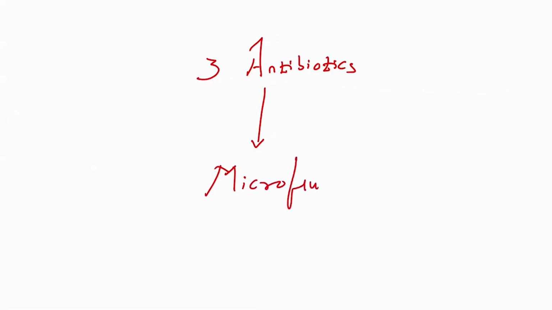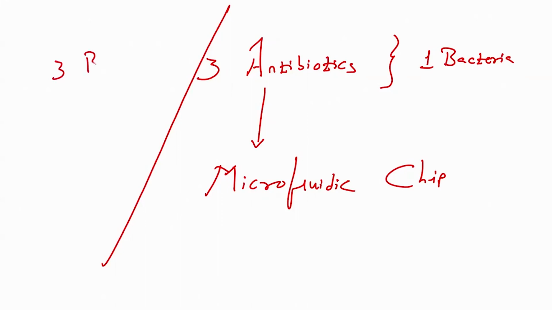For testing 3 different antibiotics at a time, you require a microfluidic chip: 3 antibiotics at the same time for one particular bacteria, or 3 different bacteria you can capture and test 3 different antibiotics for individual bacteria.